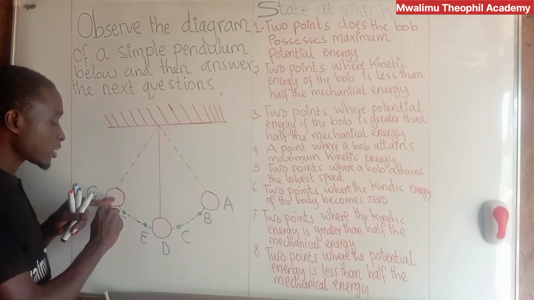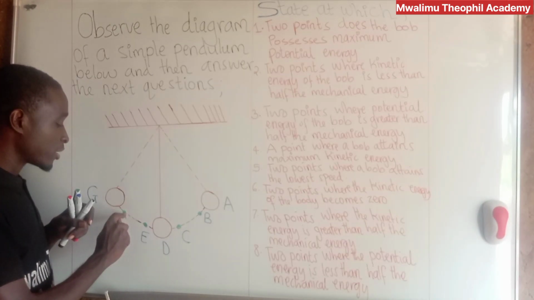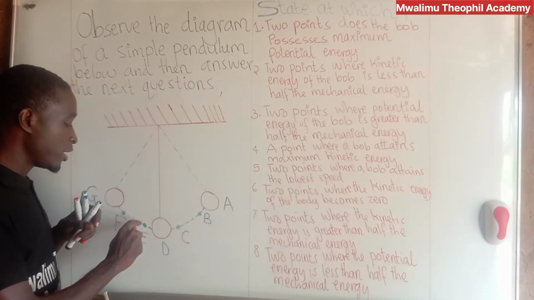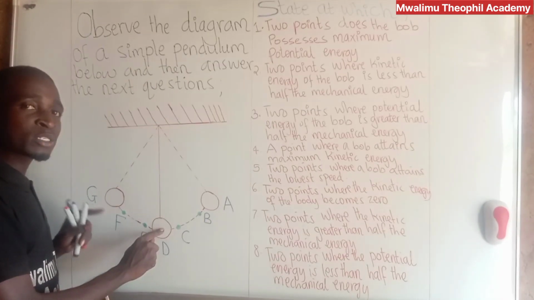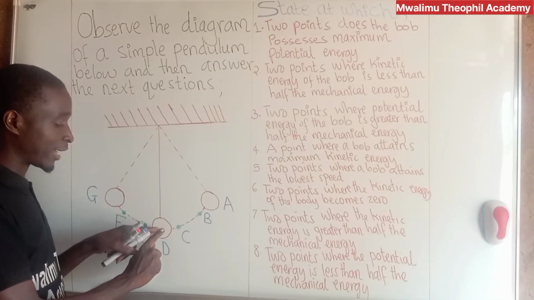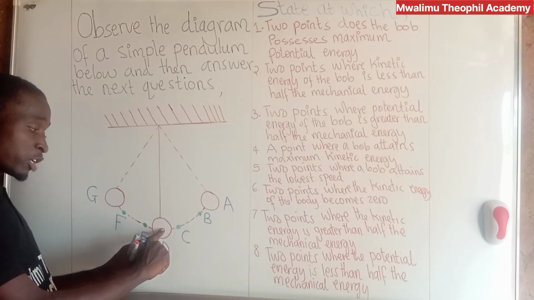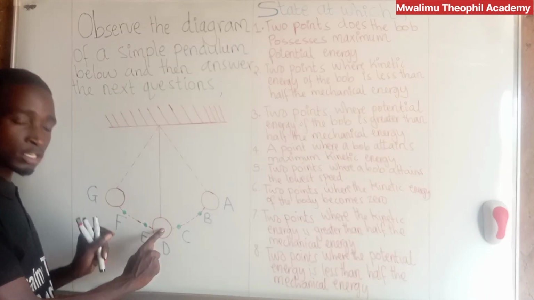Now, its velocity again starts to increase from 0 as it passes through point F, E, and again at point D, the bulb attains maximum velocity, and here again it attains maximum kinetic energy, whereby the potential energy at point D is equal to 0 as its height is 0.